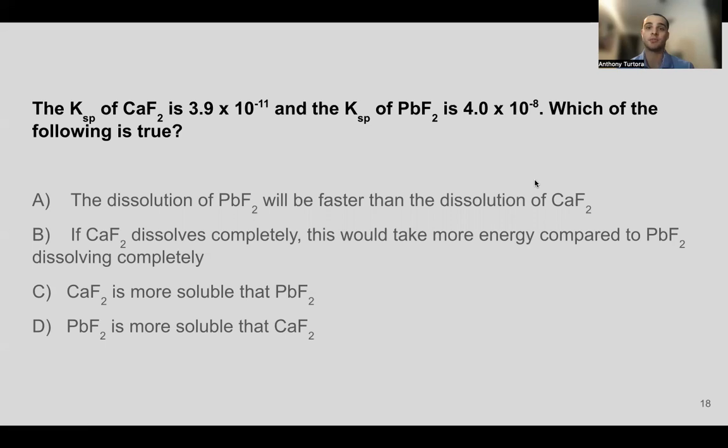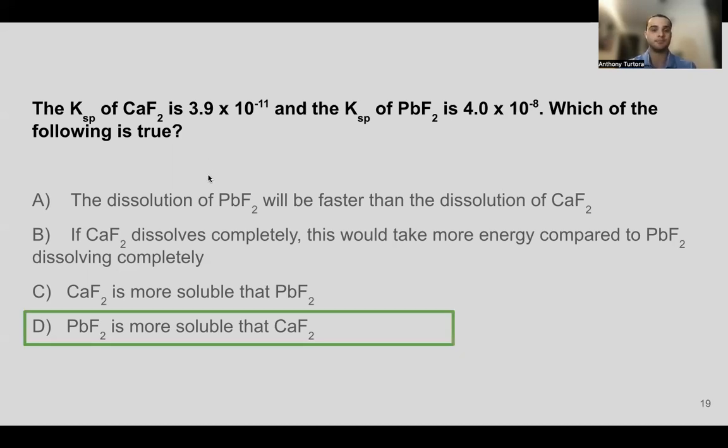So looking at both of our KSP values here, we know that PbF2 is more soluble because it is a larger number. This means that the reaction is tending towards products, and that means that it's in its ion form. So therefore, the answer here is D.